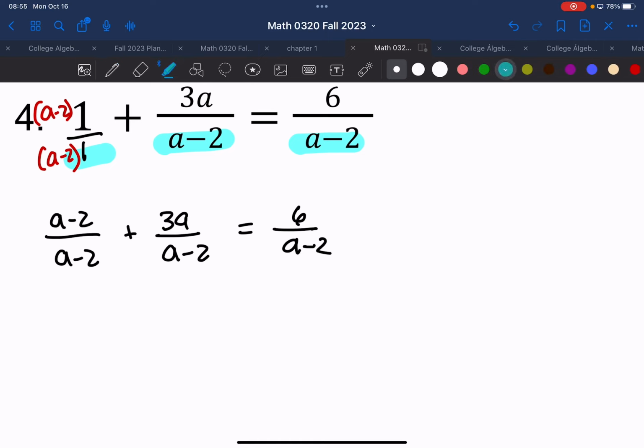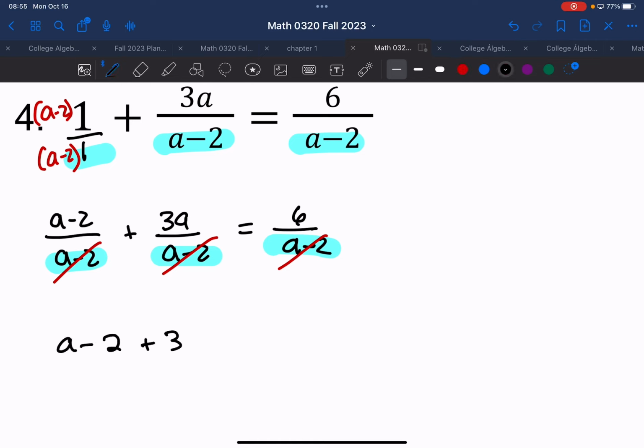So now that I have the common denominators of a minus 2, what can I do with those denominators? Cancel. So I'm left with a minus 2 plus 3a equals 6. Now I'm just left with a linear equation, no longer any fractions. So I first need to combine like terms.